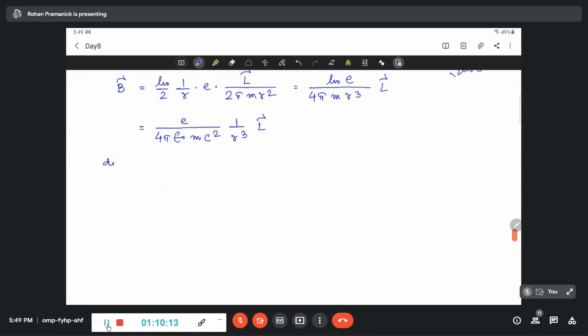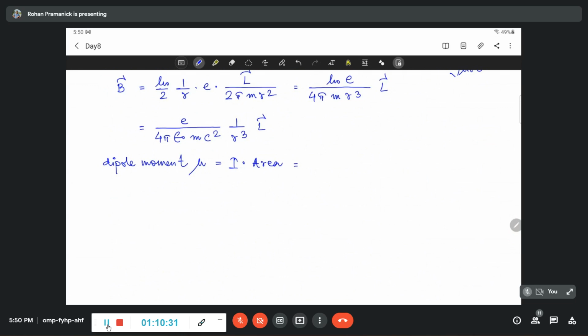So let's say dipole moment mu is, so what is dipole moment? This is I times area, right? And we know what I is.